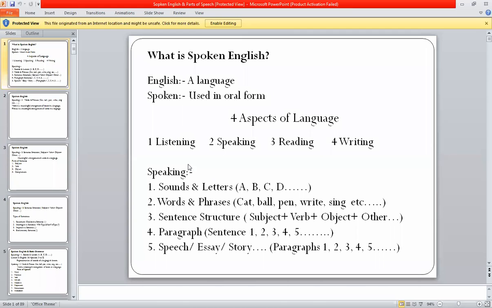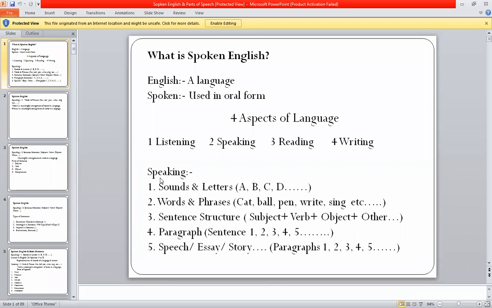Okay, speaking English is the very important aspect for qualifying any job interview, or for getting a job also.